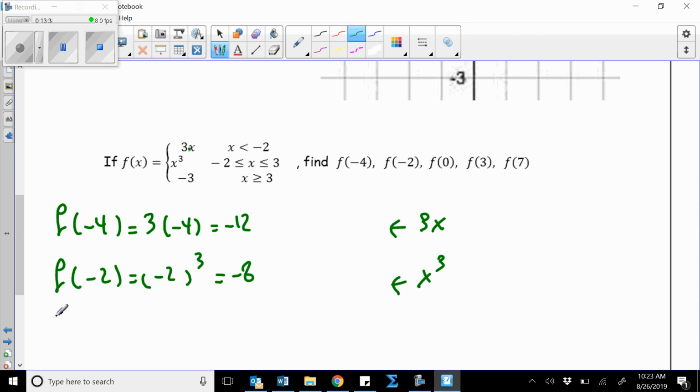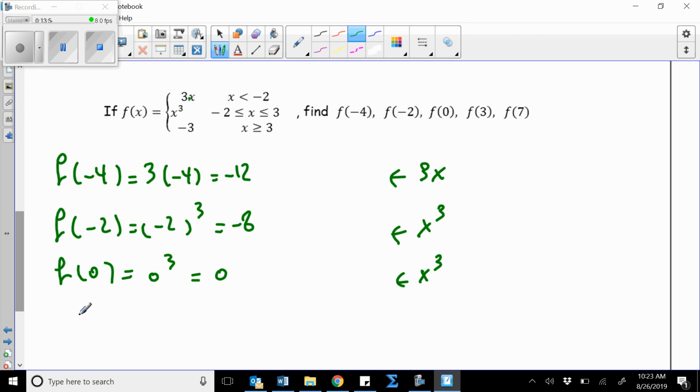f of 0. 0 again fits here because it's between -2 and 3. So again, we're going to use x to the power of 3 for this one. 0 to the 3 is 0. f of 3, where does 3 fit?